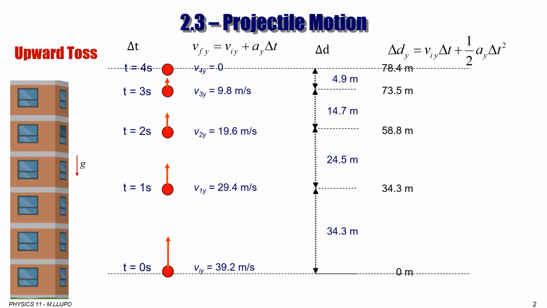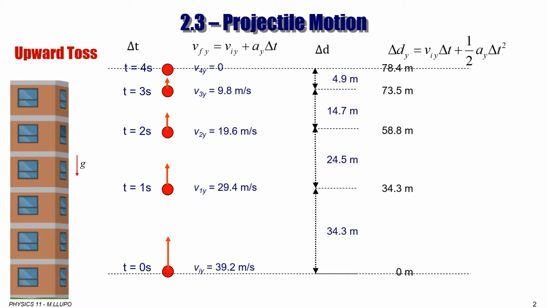And displacement is going to be 78.4 meters, and you can easily calculate that by using 4 seconds as the time. So initial velocity is 39.2 times 4 seconds plus half of the minus 9.8 meters per second squared times 4 seconds all squared. Then you're going to see that the answer is 78.4 meters.